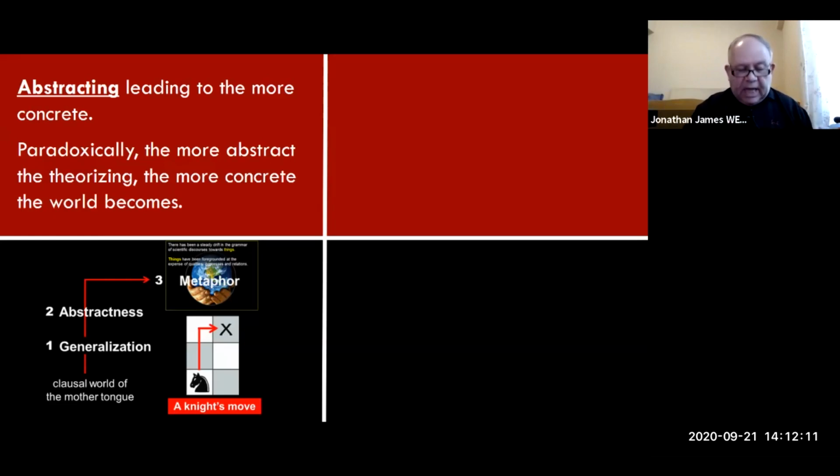And that something now has substance, it has reality, it's concrete. So quite paradoxically, the more abstract our theorizing, the more concrete the world becomes. We end up turning the world into a world of things.